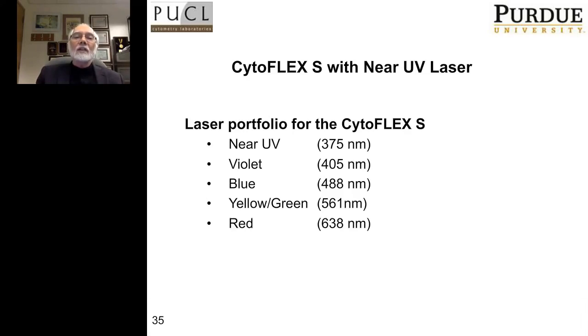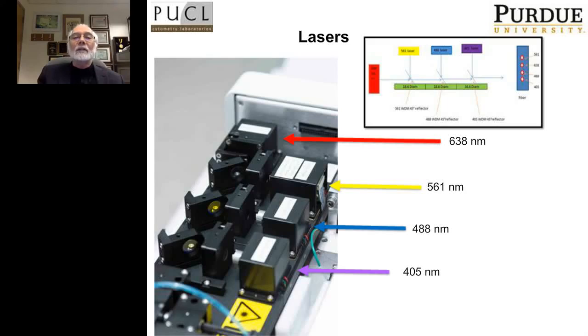These range from near UV, which is 375, through to what people commonly call a violet laser at 405, a blue laser at 488, a yellow-green at 561, and a red laser. In the CytoFLEX, the red laser that's used is a 638 nanometer laser.